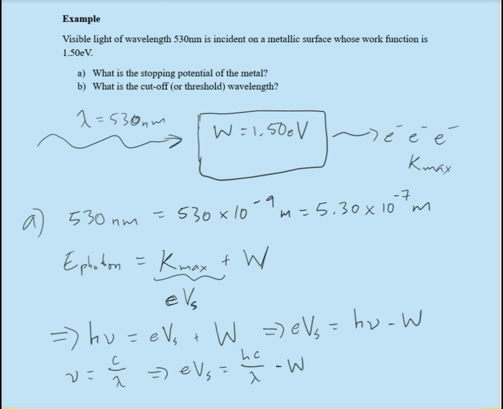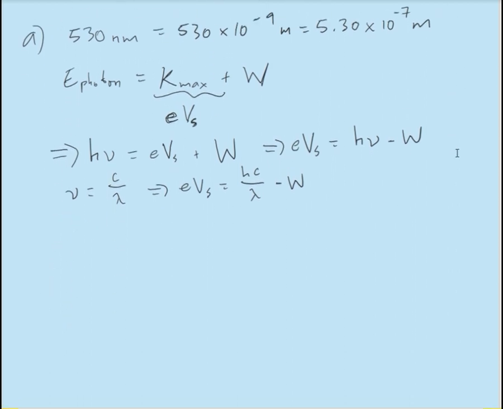And then I suppose we could start plugging in values here. So let's do this. eV_s is equal to, so h, we're going to use electron volts, yep. So Planck's constant in this case is 4.136 times 10 to the minus 15 electron volt seconds.